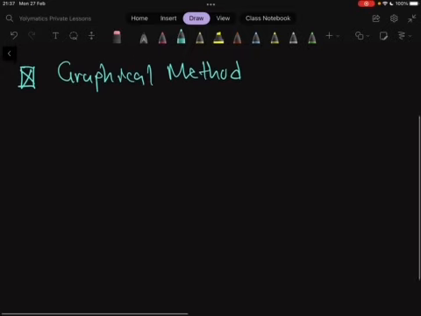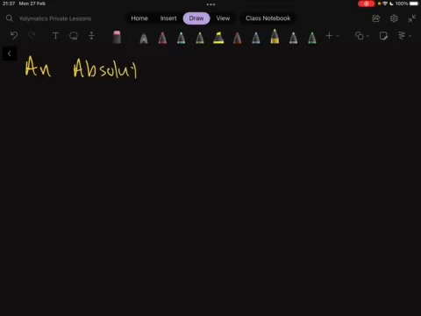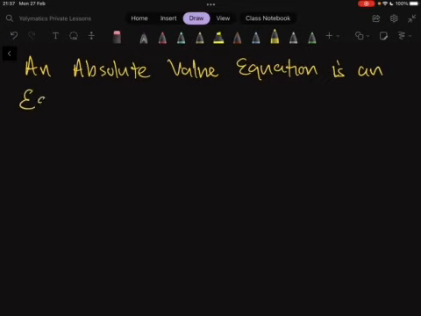So to begin, first let's understand what an absolute value equation is anyway, you see.